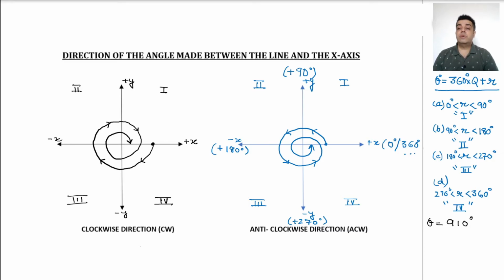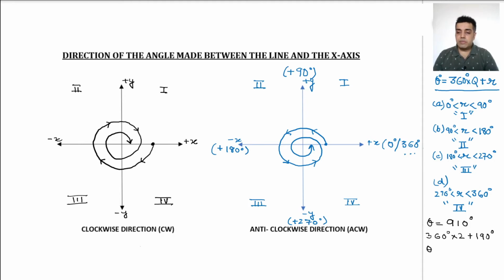With Euclid's division method it becomes very easy: dividing by 360 degrees, 360 degrees into 2 makes 720 degrees, plus 190 degrees. Because the remainder lies between 180 degrees and 270 degrees, the value of theta lies in the third quadrant.